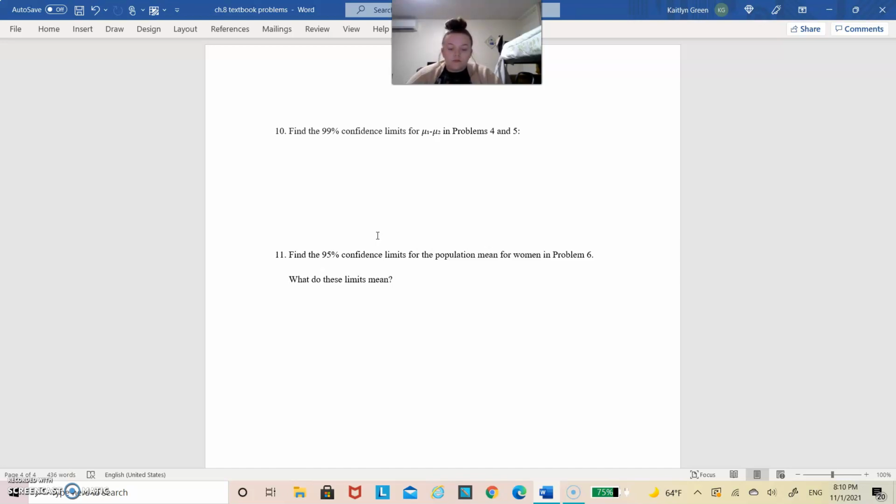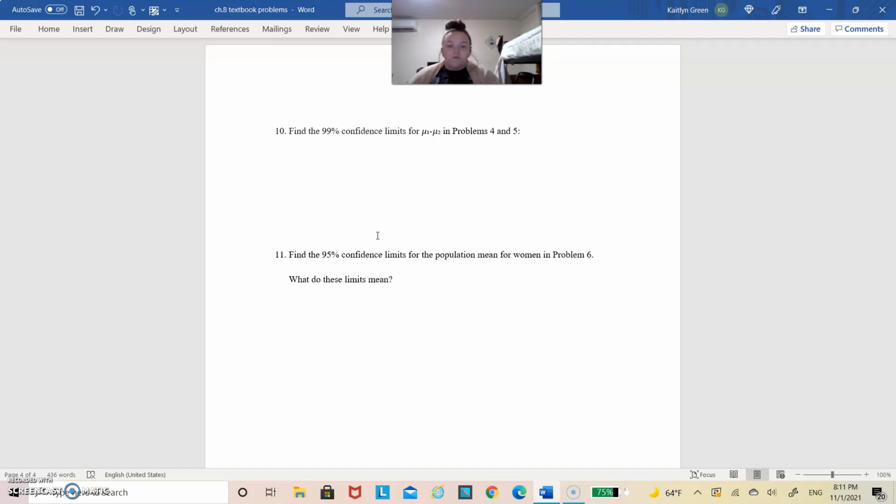That ends up giving us a final answer that looks something like this, all nice and highlighted, so it's a bit easier to read. And we get 28.24 is less than or equal to the mu of the women's average salary, which is less than or equal to 30.62.